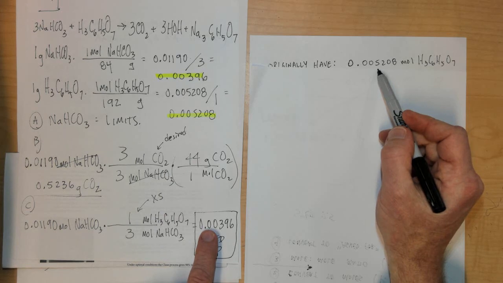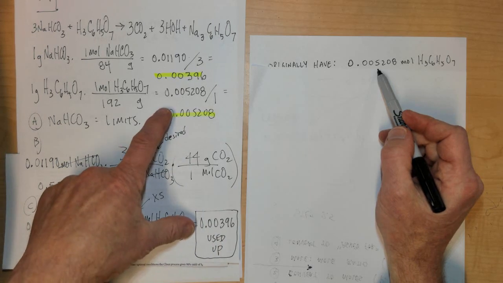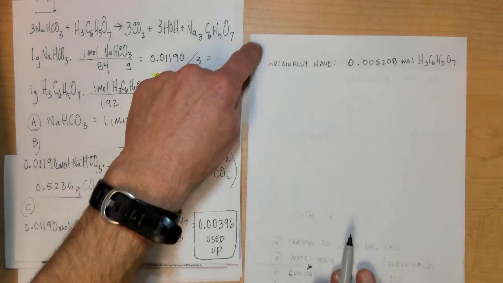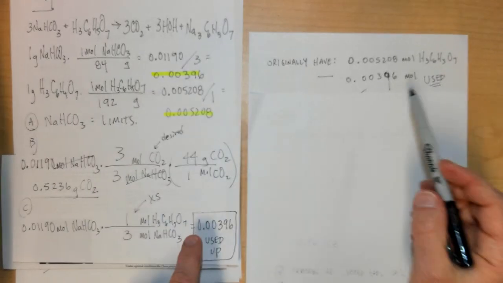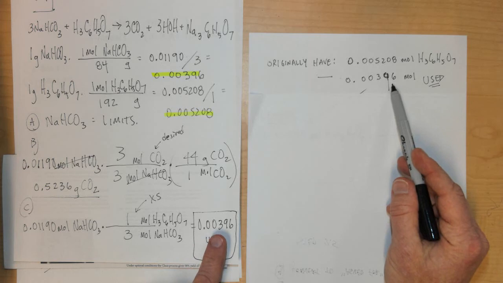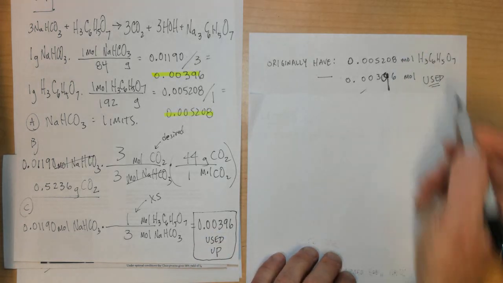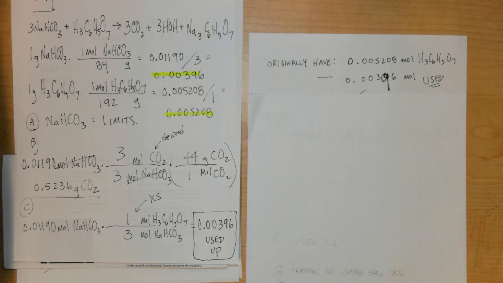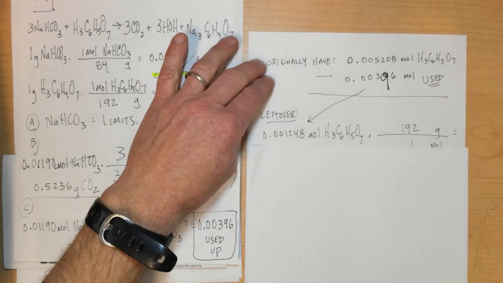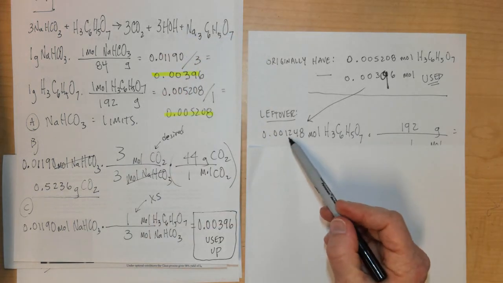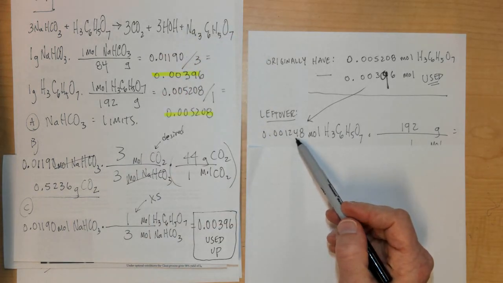How would I find out how much I have left from those two? Take this one, subtract the amount that I used, 0.00396, and find the difference between those two. And my leftover is 0.001248.